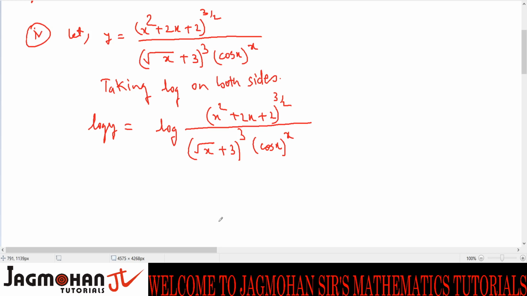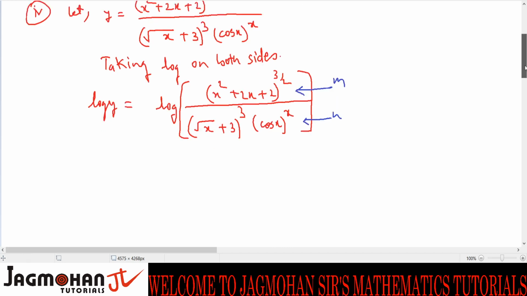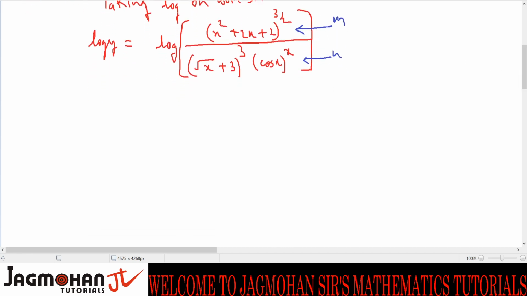Okay, so this is the next step. What I write is the numerator is m, and this whole denominator is n. So you have log of m upon n working here. Okay, see how the things are going to get simplified. You will get next step log of y equals log of m minus log of n.